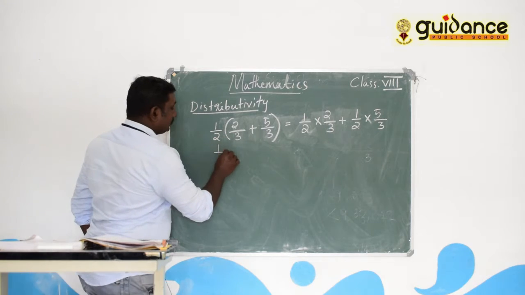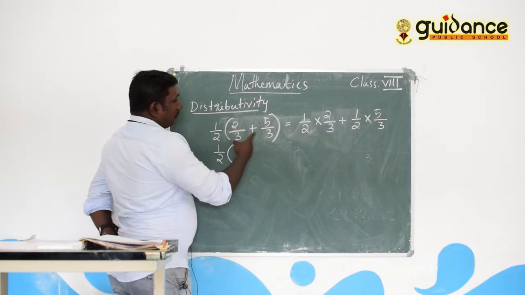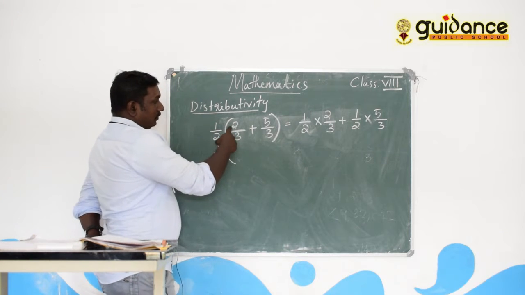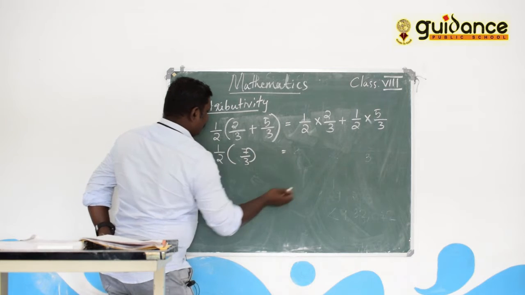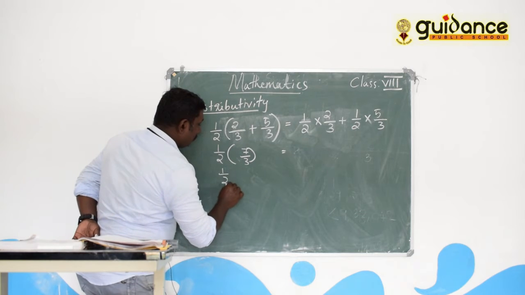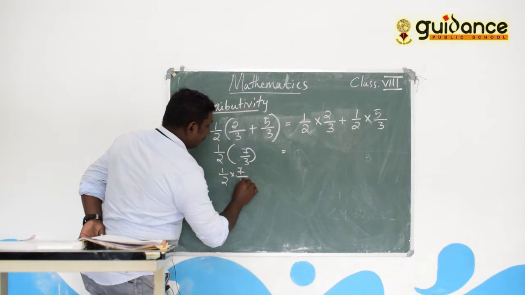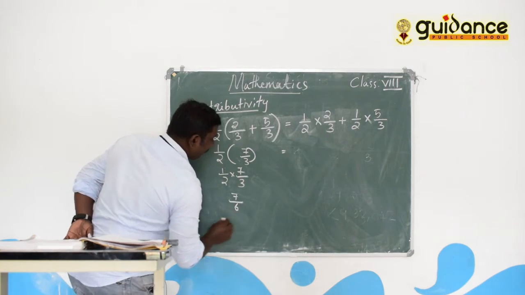So in the bracket the denominators are the same, so we need not find the LCM. So simply we can add, 7 by 3. So firstly we do the left hand side: 1 by 2 into 7 by 3, it is 7 by 6.